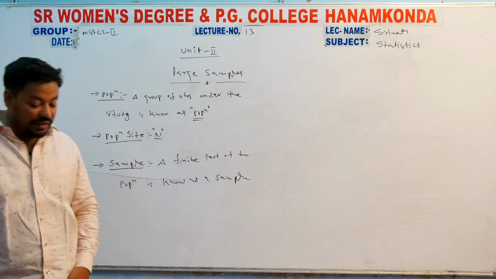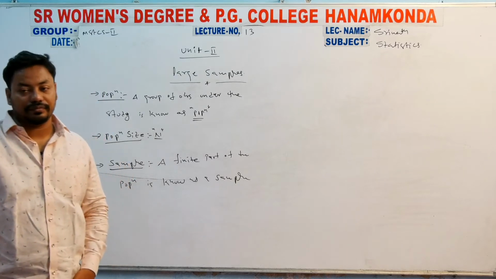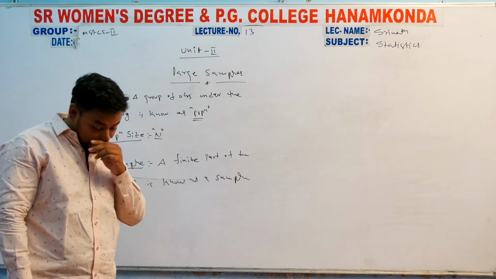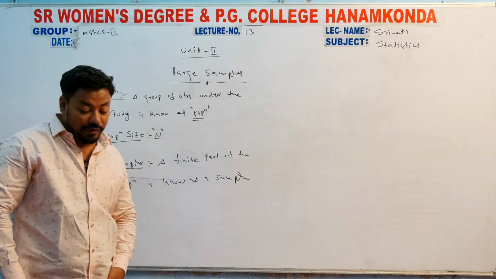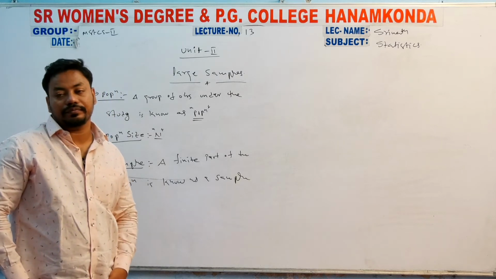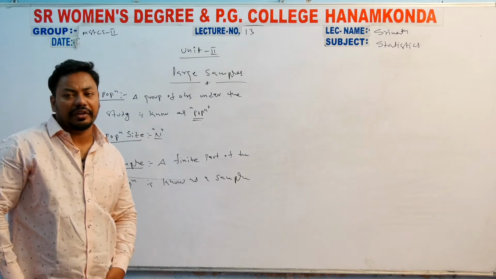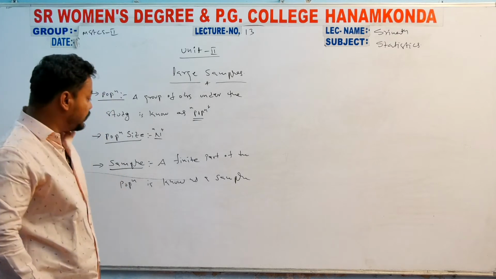For example, you are selecting 10 students from the MSTCS second year class, and selecting rose plants from the garden, taking them as a sample.